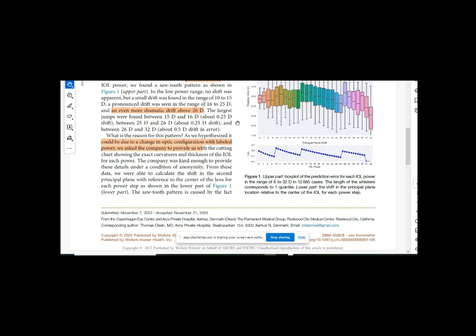But the ratio of difference between the anterior power and the posterior power is not the same. So they wanted this optic configuration so that they could refine the IOL power calculation based on the optic configuration.